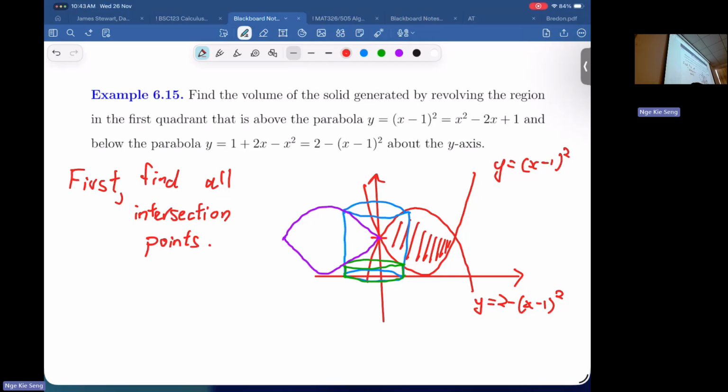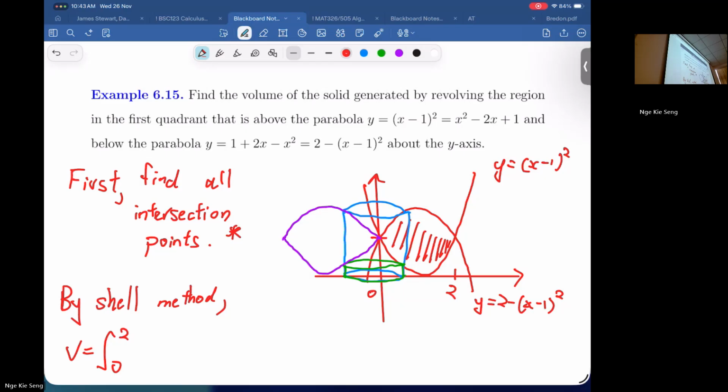Then what you do here, the shell method we're going to use here, is the integral with x from 0 to 2. So 0 is here, 2 is here, if you can find the intersection here.